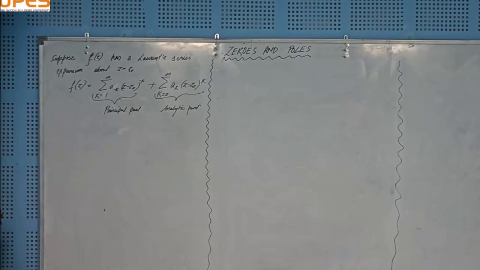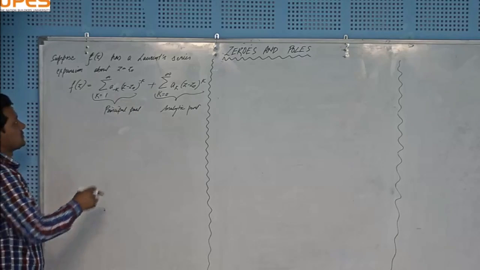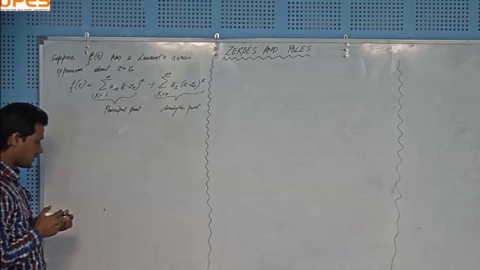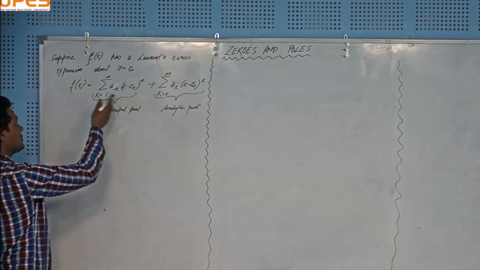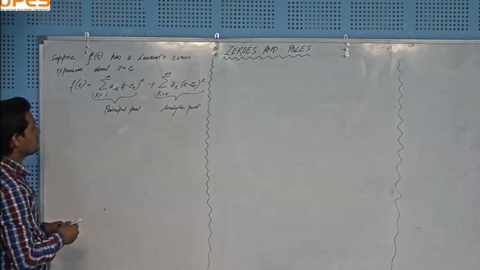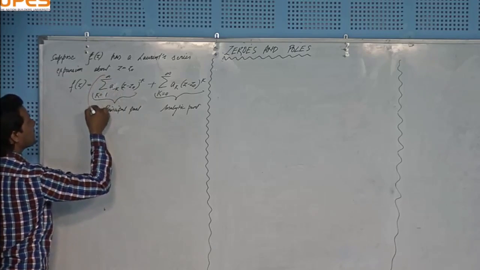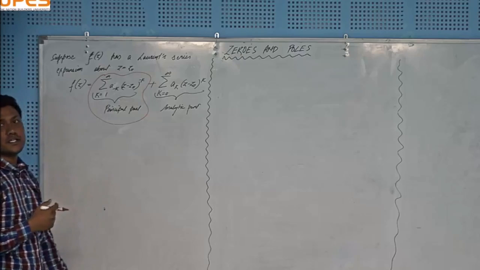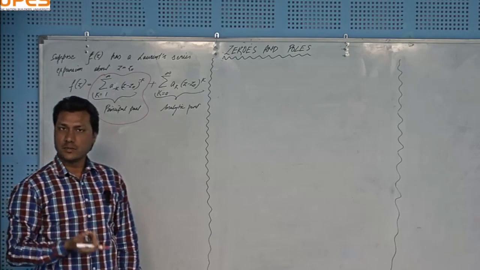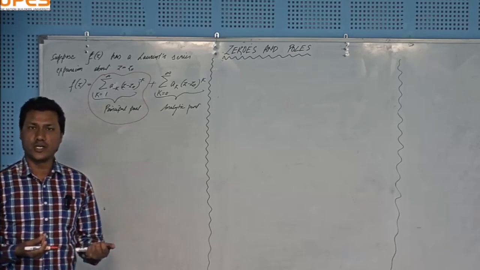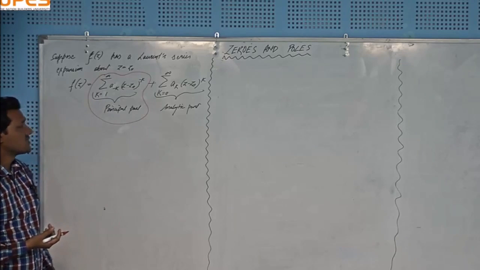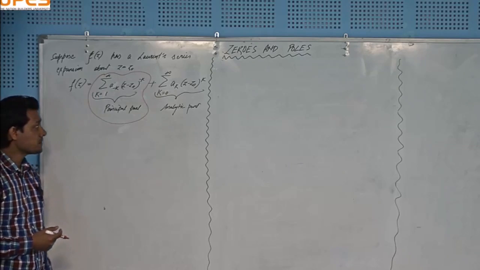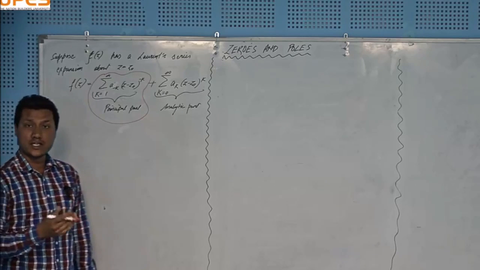So out of these two parts, this principal part has some significance, right? And we'll use the different cases of this principal part to understand the concept of singularity once again. However, you already know that a point z equal to z naught is called a singular point of a function if the function takes value infinity at that point, roughly, or we can say that the function is not analytic at that point.